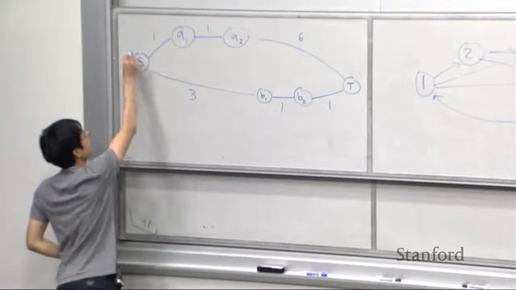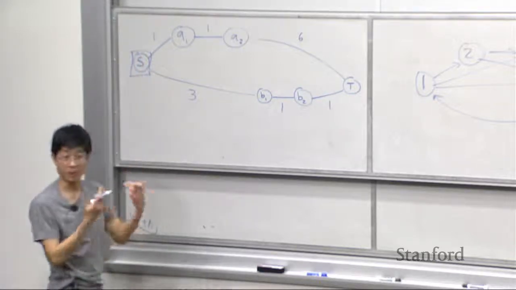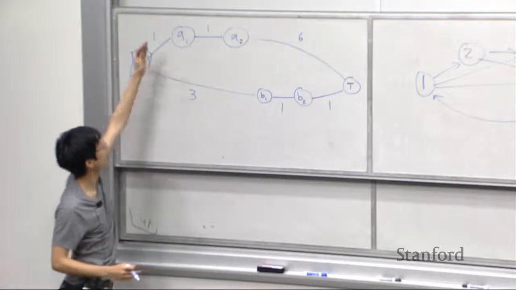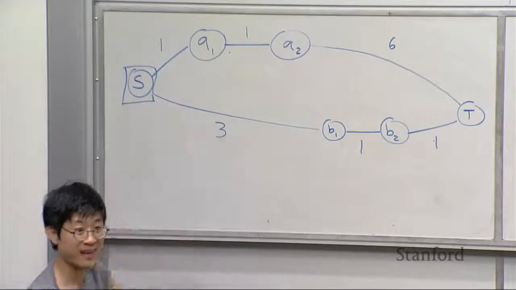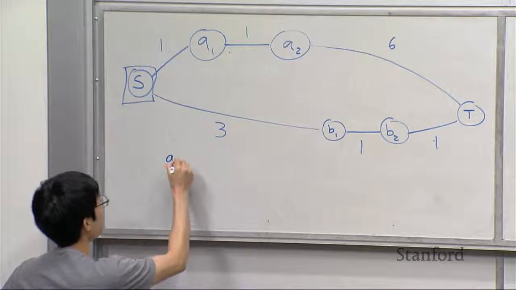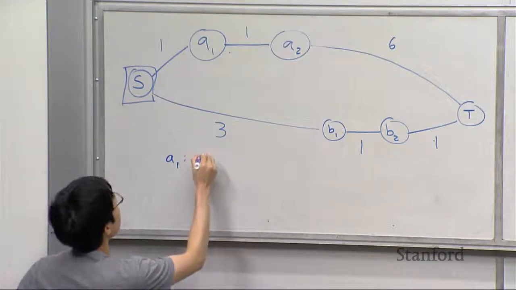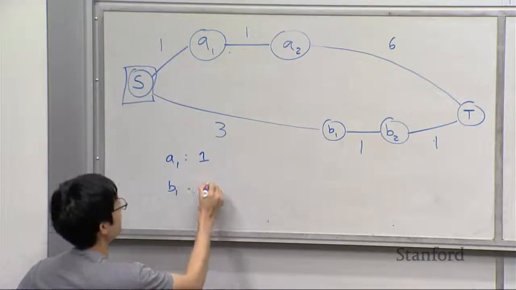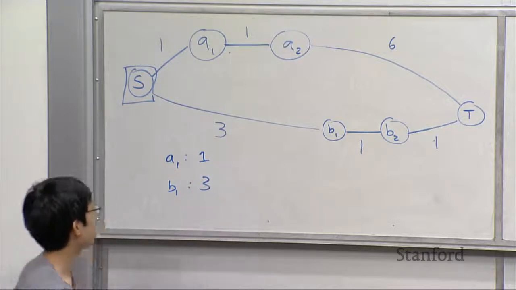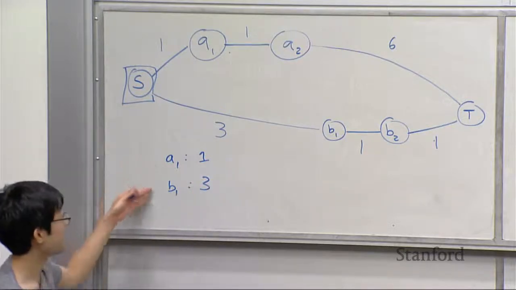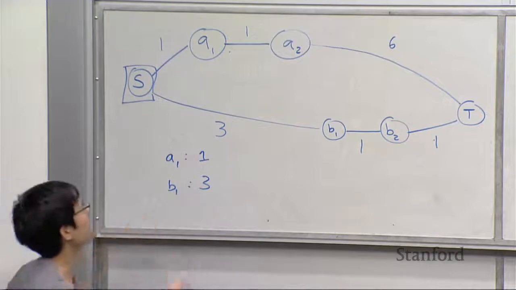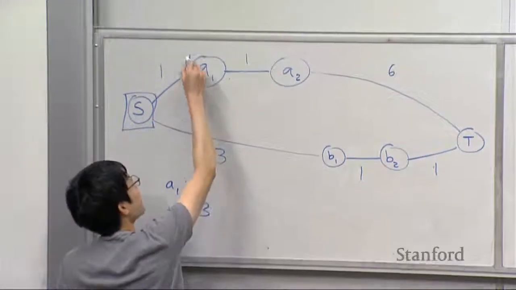Recall that we have some initial state that we've explored, and the frontier is everything we can see from this point. In the frontier, we're going to say A1 can be reached with a cost of 1, and B1 can be reached with a cost of 3. Now, uniform cost search looks at what's in the frontier and picks the cheaper one. So it goes to A1 right here.